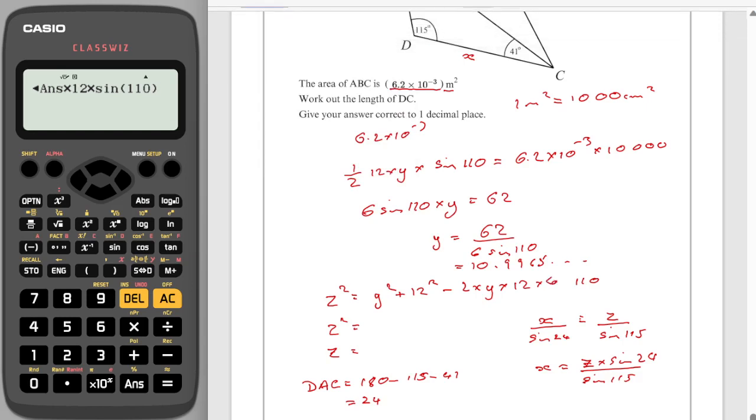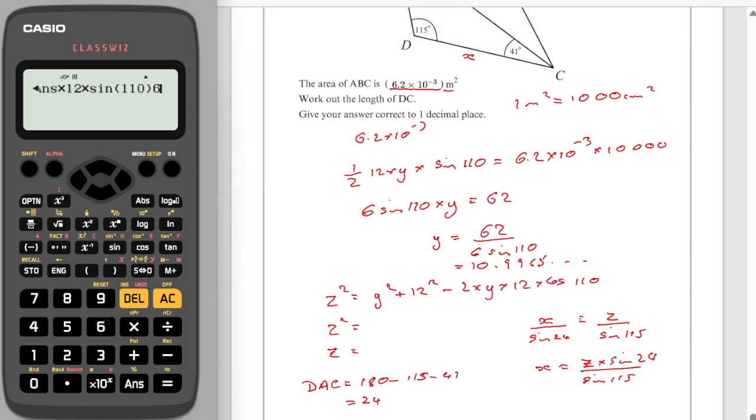So that's cos. So 62 over 6 sine 110 gives me that as my value. So that's squared plus 12 squared minus 2 times the answer times 12 times cos of 110 gives me that as my value.